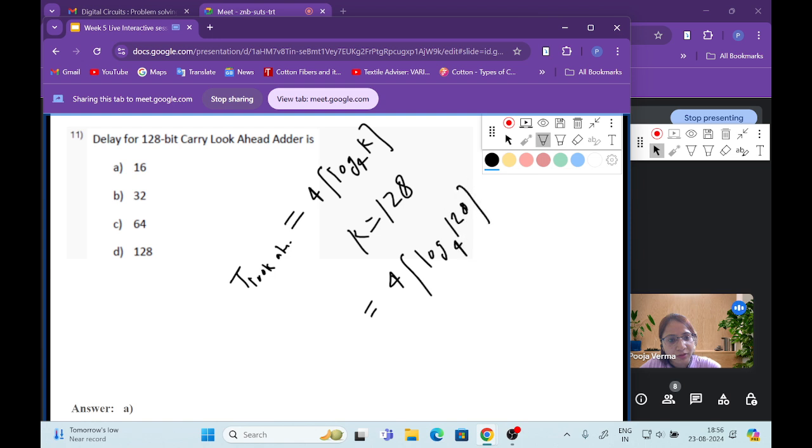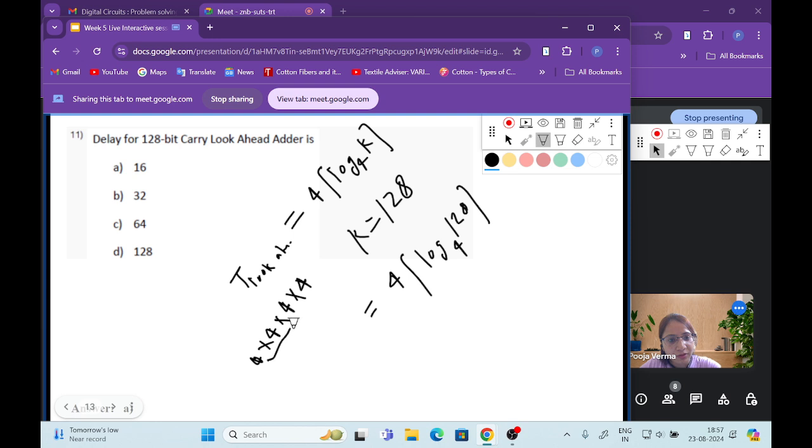How can we write it? We can write it as 4 to the power something. 128, we can write 4 times 4 is 16, times 4 is 64, times 4, right?